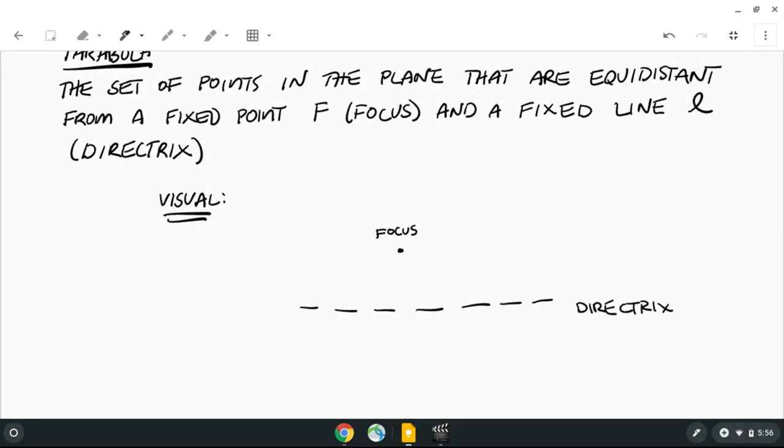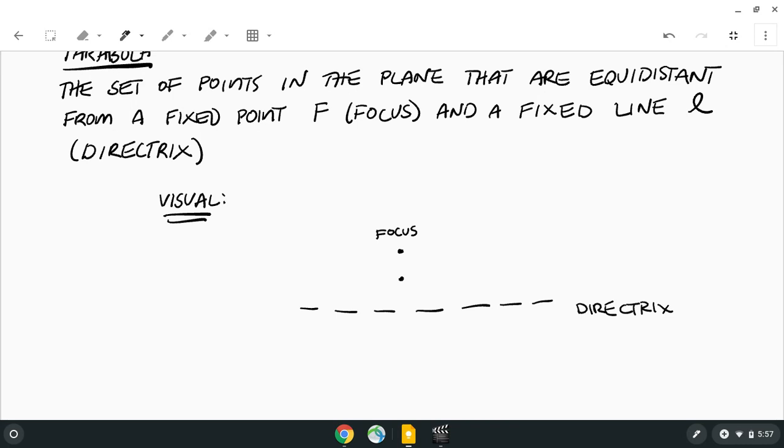All the points that are equidistant between these two objects, the focus point and the directrix, any point that is equidistant to it is going to be a point that falls on the parabola. We have this point right here, which is directly in the middle. So the distance from this point I just drew to the focus is going to be the exact same distance from that point to that line. So that point will be on the parabola.